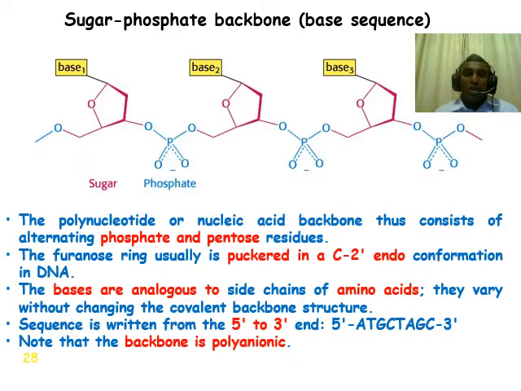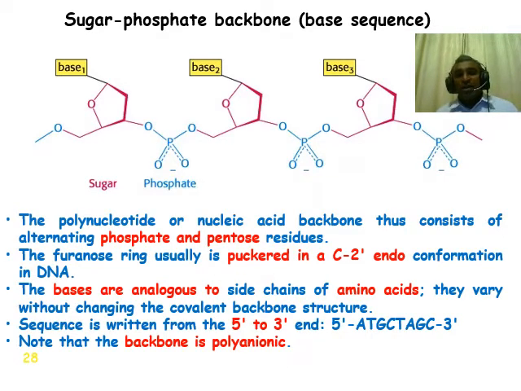I already showed what's the meaning of C2' endo. The DNA also can be said to have nucleotides building it, just like amino acids building protein. And there are also ways to write the sequence, and it always starts from the C5' end until the base that is found at the C3' end.